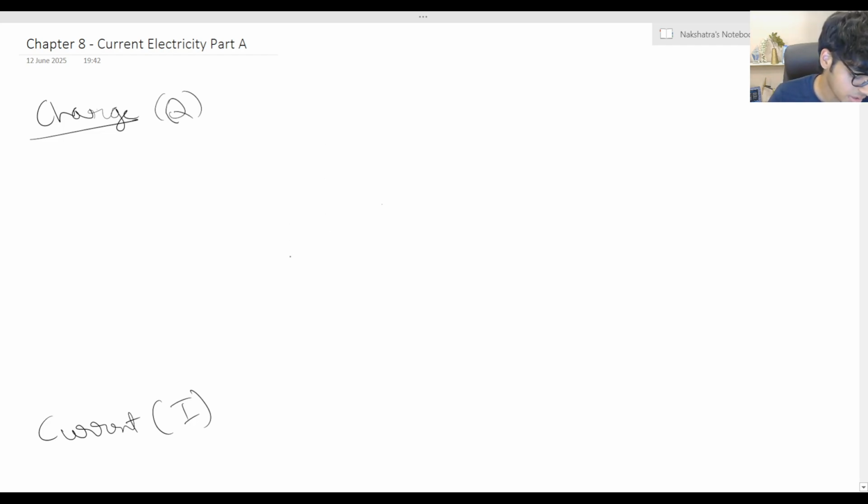Part A is going to be just filled with theory, but you need to understand all of it so that we can move on to the numerical parts, because if you don't really understand this, you won't be able to apply it for the numericals. Okay, so let's start with charge.